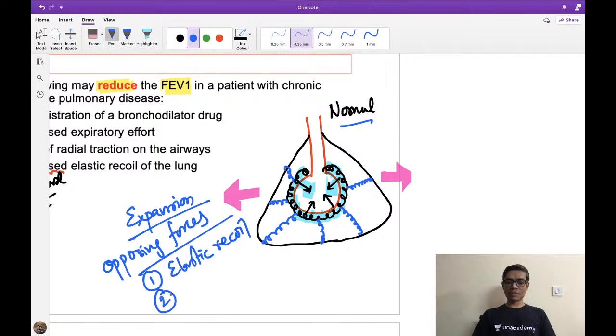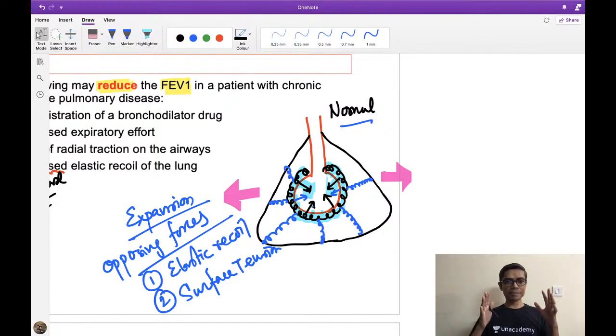And the second opposing force is the surface tension of the alveoli. They also act in the inward direction. So the surface tension of the alveoli as well as the elastic recoiling both oppose the expansion. Opposing the expansion means it is reducing your volume change, it is reducing your compliance.